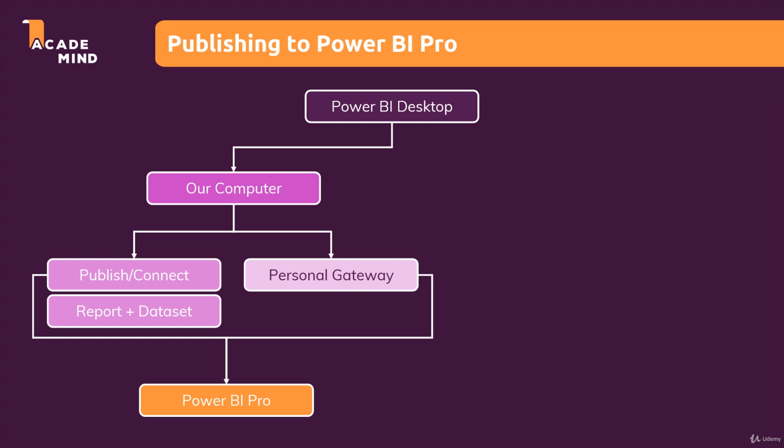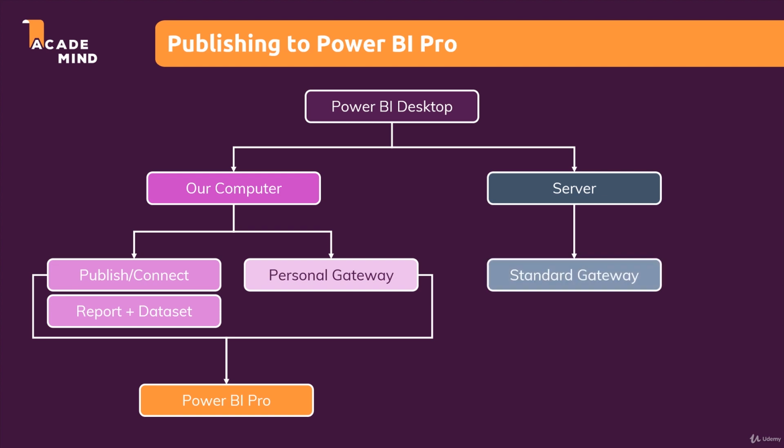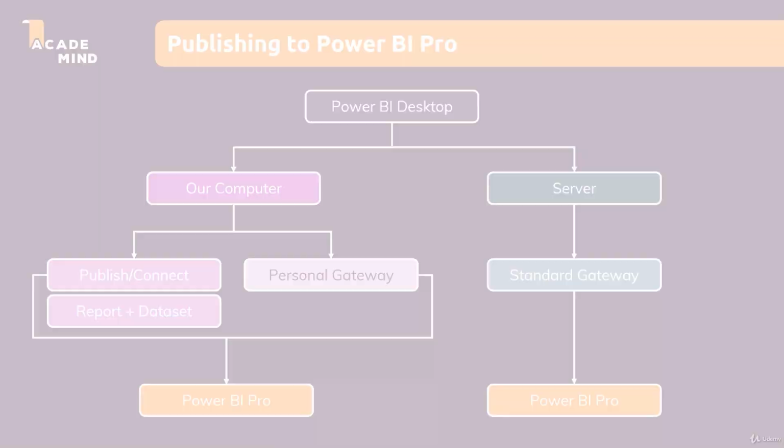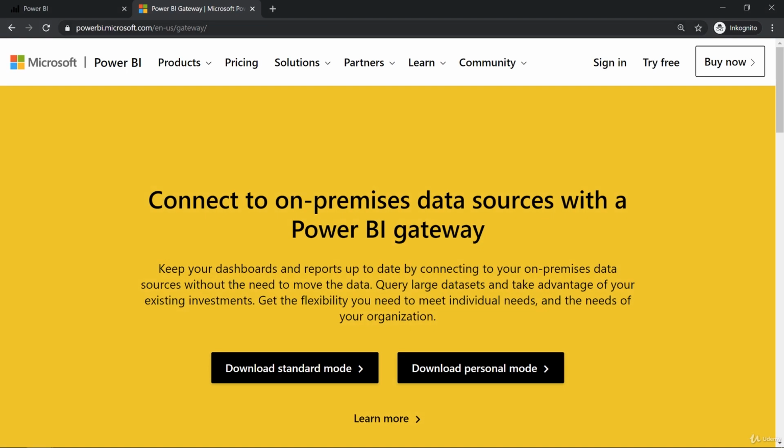If you have a different scenario where your files are stored on a server, so not on your machine, then you would use this so-called standard or enterprise gateway to do the same thing to refresh the data. You can find out more about gateways on this page here, powerbi.microsoft.com/gateway, link is attached to this video.